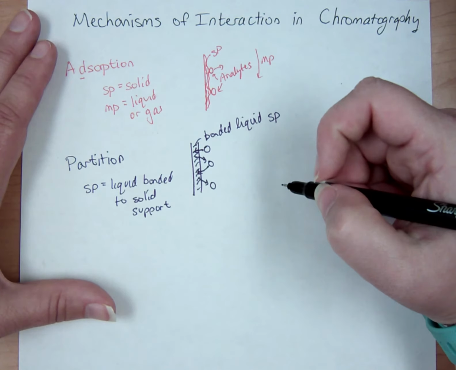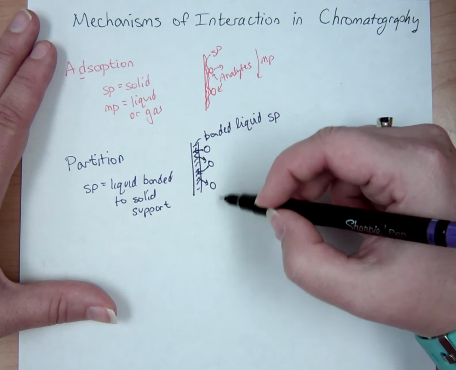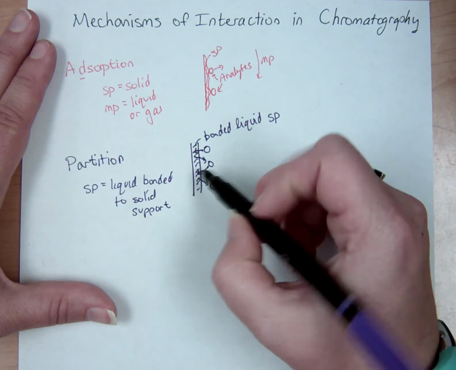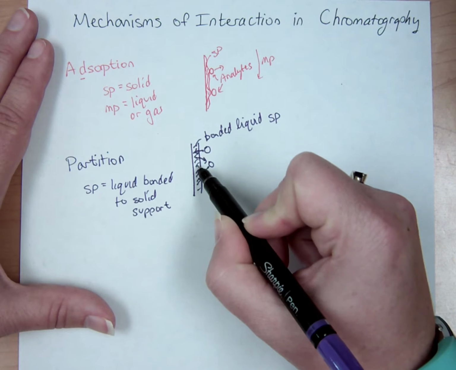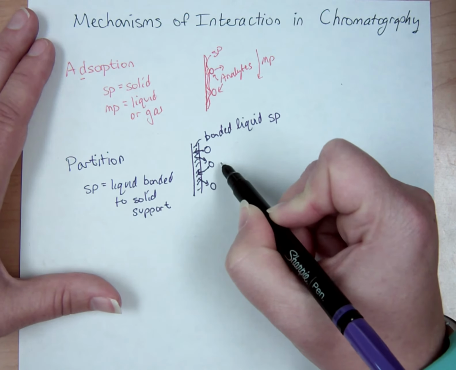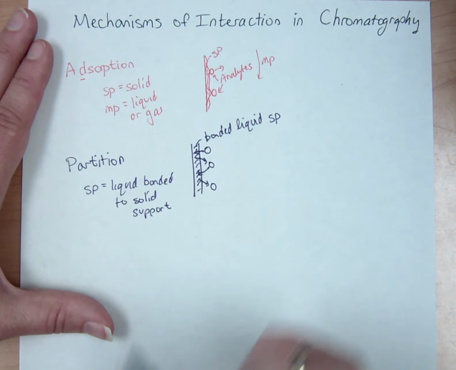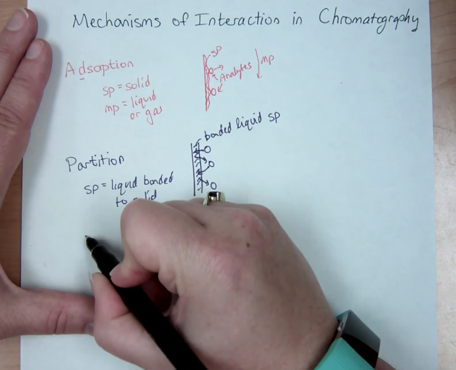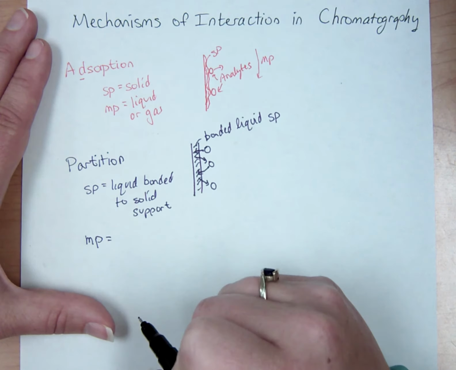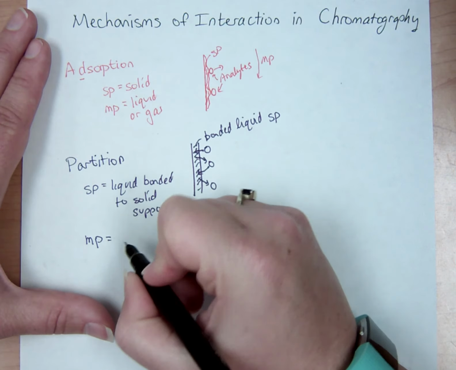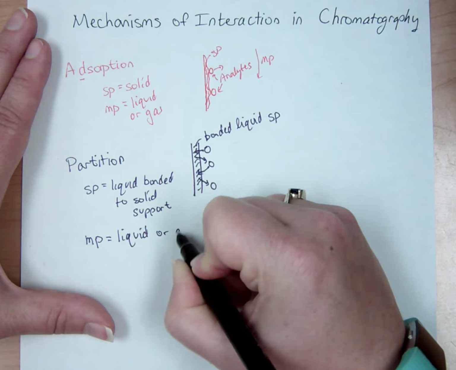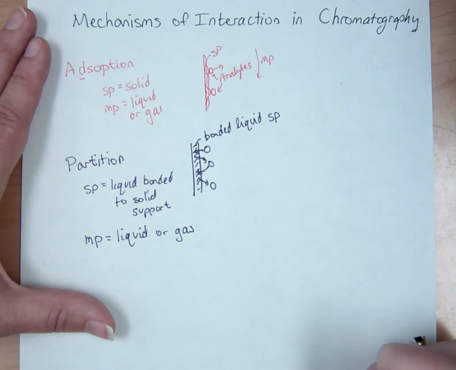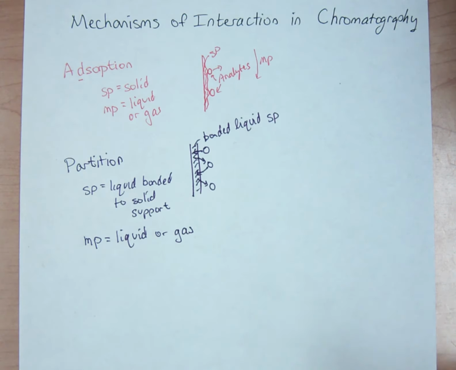So as it's moving down this column, at each point that it interacts with the stationary phase, it's actually kind of dissolving in the liquid and then coming back out into the mobile phase. And so the mobile phase here is typically either a liquid, or we can do this as a gas as well.